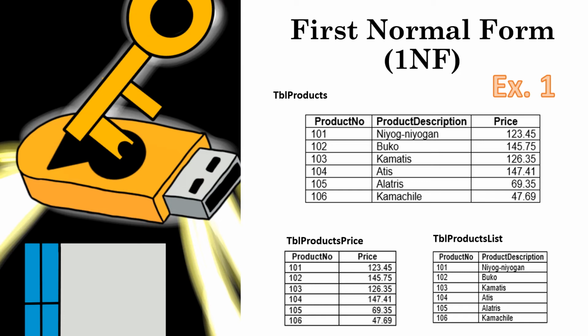So that is example number 1. To change the given TBL products into the first normal form, we divide TBL products into TBL product price and TBL product list.